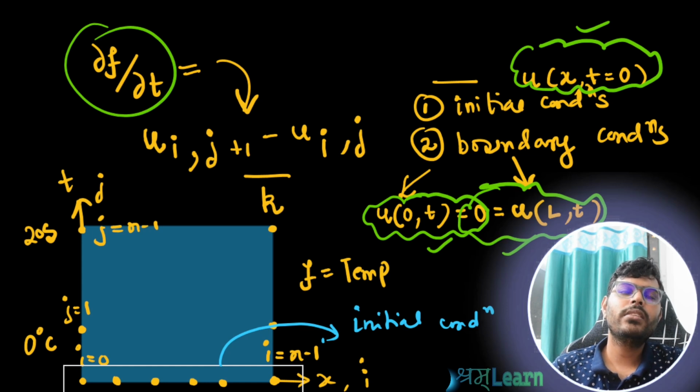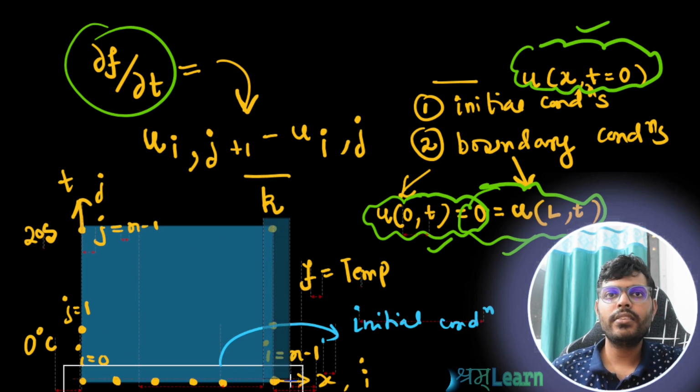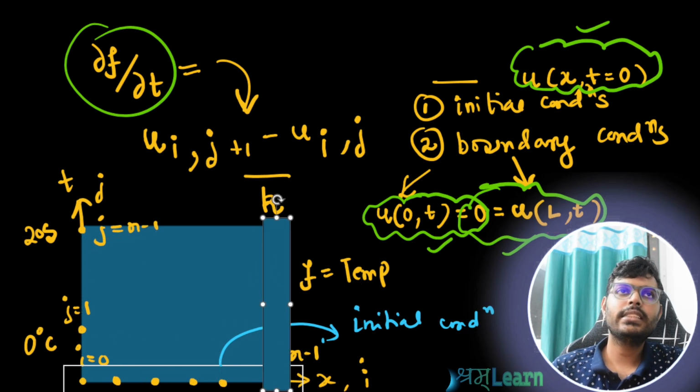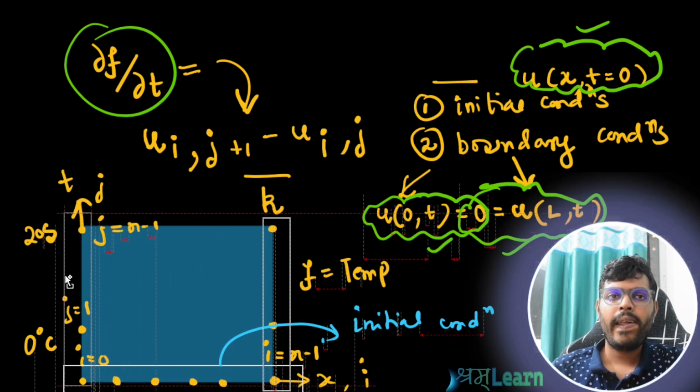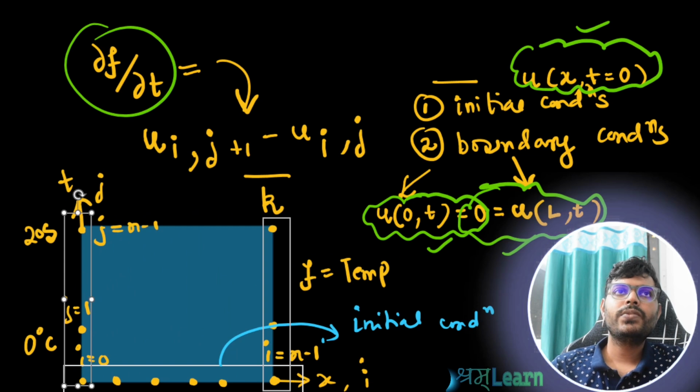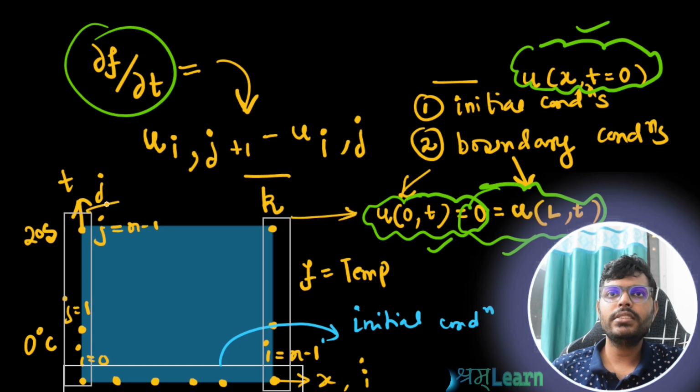For every time at x equals L and at x equals 0, my function has value 0. Okay, so these two are my boundary conditions.